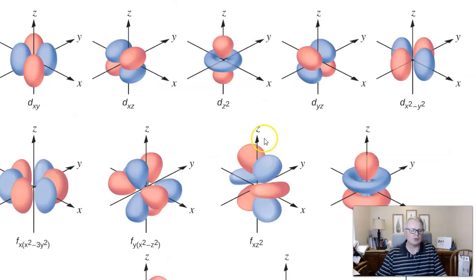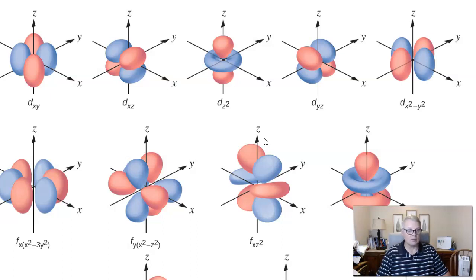Let's talk about an F orbital system. Okay, so if 2 and higher can have a P sublevel, 3 and higher can have a D sublevel, then 4 and higher can have an F sublevel. See, it's a pattern. How many orbitals do you think there are?